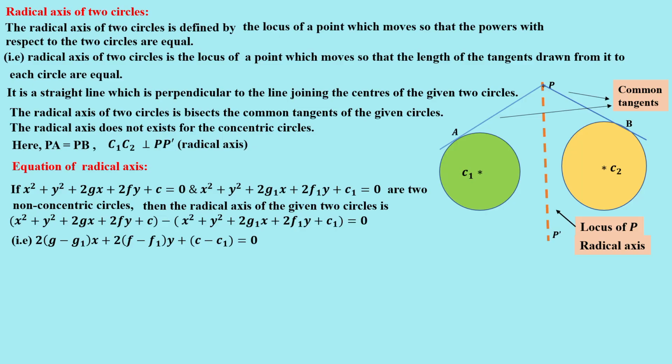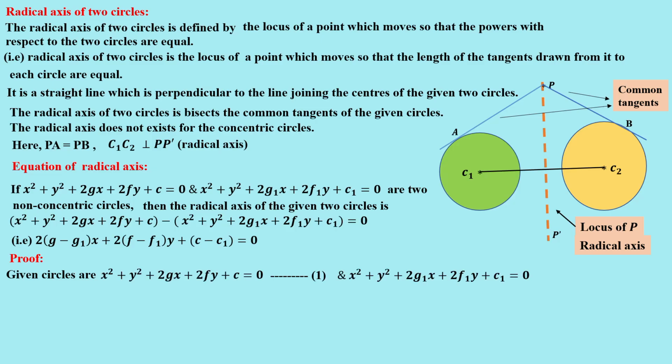So both are equal. We'll see the proof. Given circles are x square plus y square plus 2gx plus 2fy plus c equal to 0, that is equation number 1, and the second circle, x square plus y square plus 2g1x plus 2f1y plus c1 equal to 0. Let P(x1, y1) be any point on the radical axis of 1 and 2.